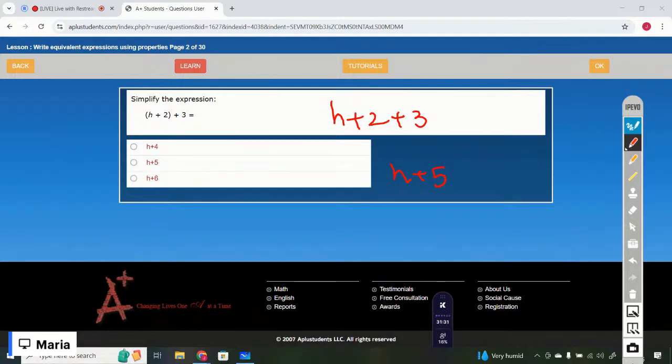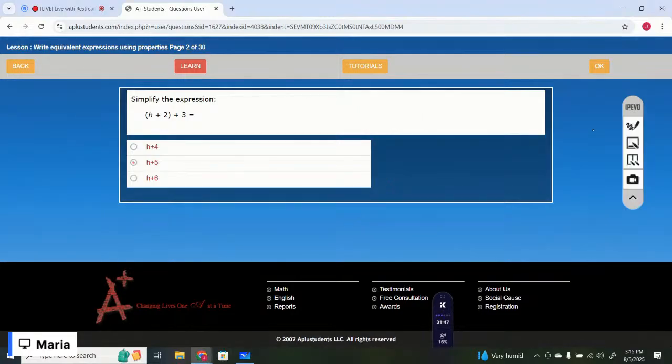That is h plus 5. Option number 2 is the correct option. That is h plus 5.